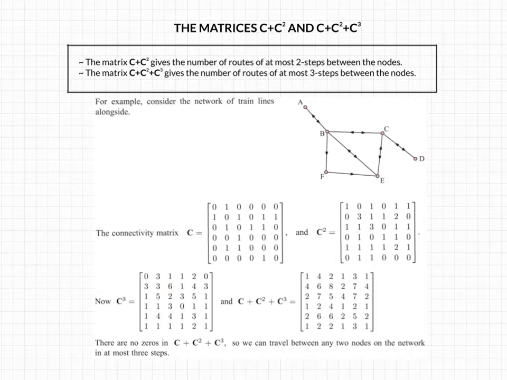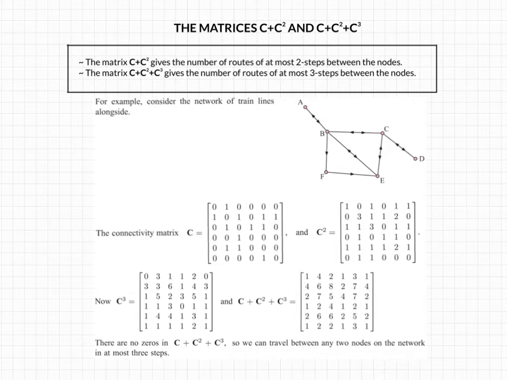If we take it 1 step further and add this information, so we're looking at the solution that gives the number of routes of at most 3 steps between the nodes. Alright, we can see that each node is connected, so it doesn't matter where we go, we can travel between any 2 nodes on the network.